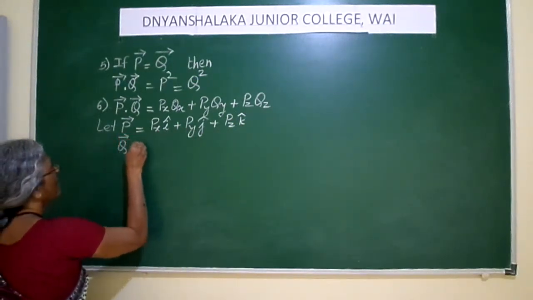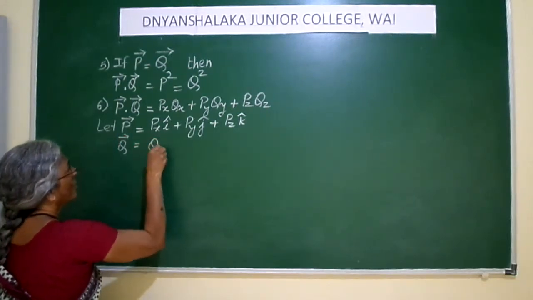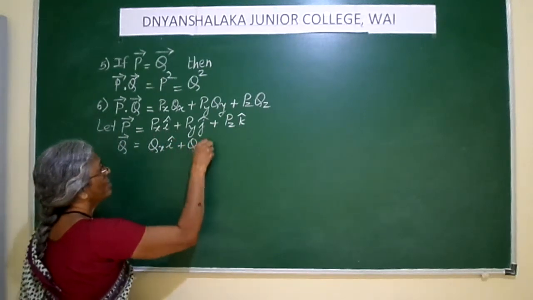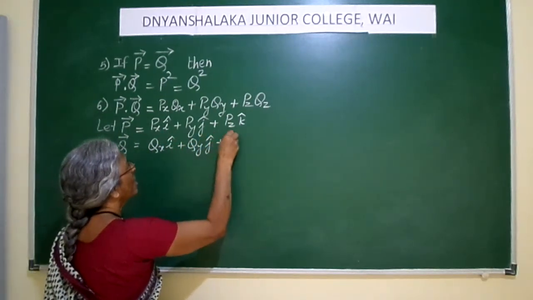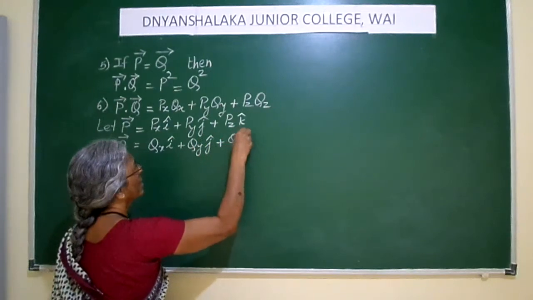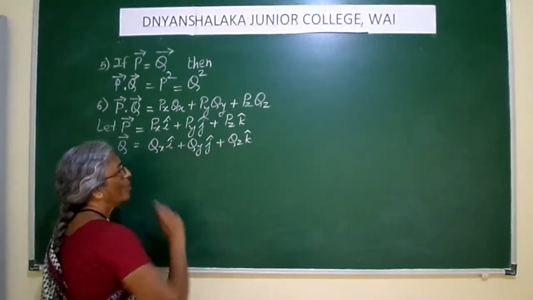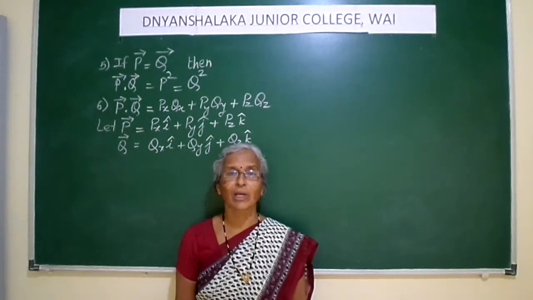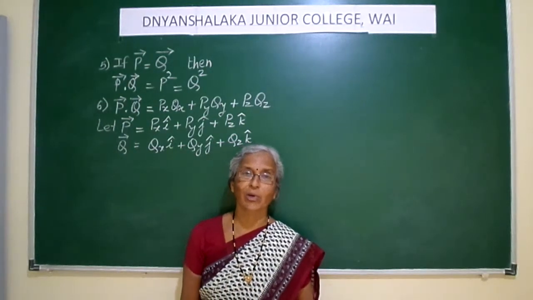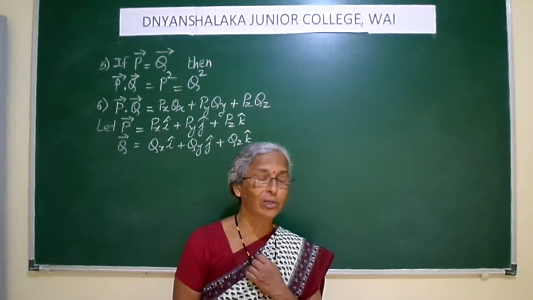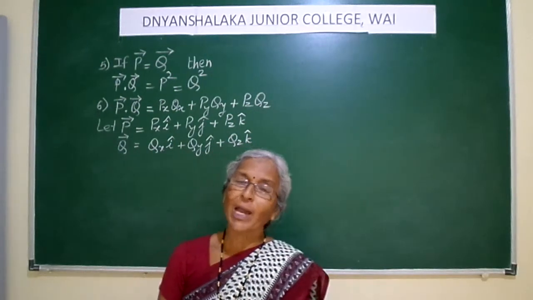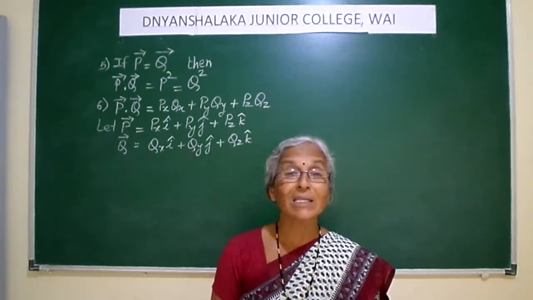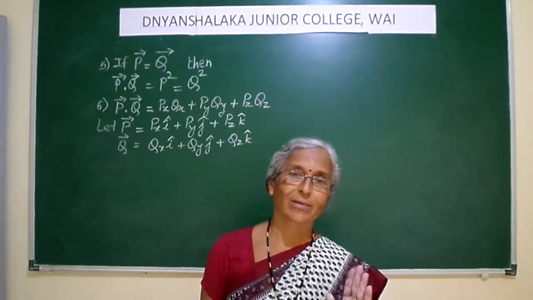Vector q is equal to qxi plus qyj plus qzk. All these capped vectors i, j and k, what do they denote? i is the unit vector along the x-axis, j is the unit vector along the y-axis and k is the unit vector along the z-axis. Okay? So we have written vector p and vector q as resolved vectors.